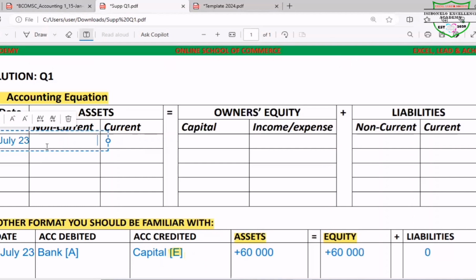So under current asset, we're going to have positive 60,000, and then we have the equity section, and under equity section we have capital column. So under capital, because we have the contribution made by the owner, we're going to have positive 60,000. So using this format, this is how we record the effect in the equation. Then next transaction.